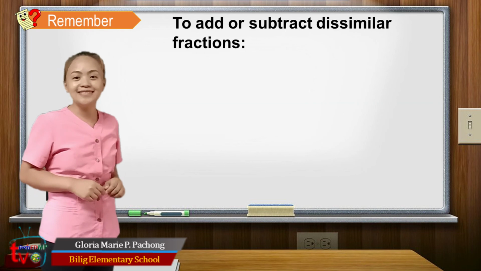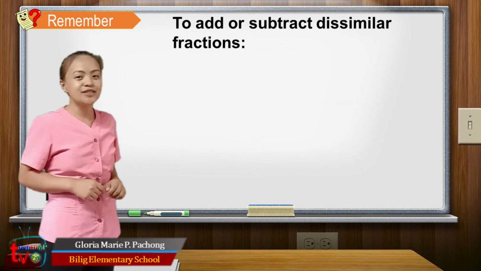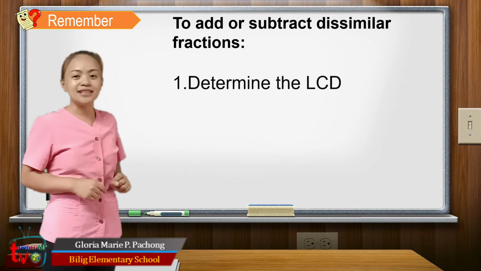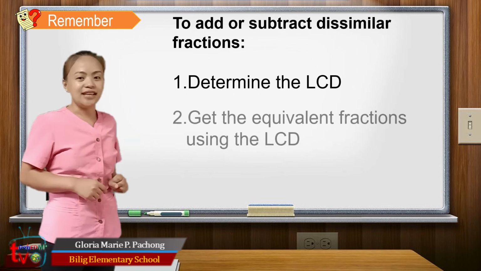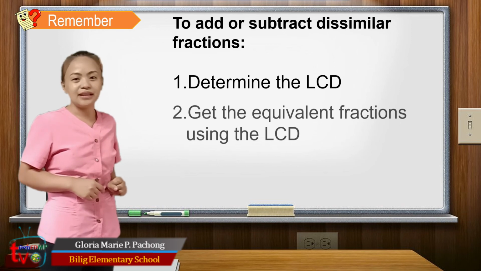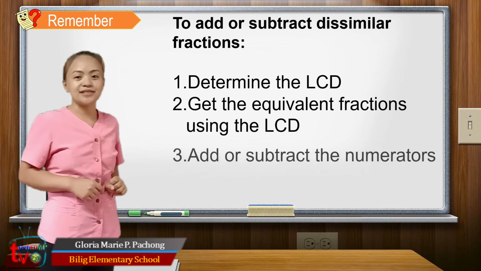On the other hand, to add or subtract the dissimilar fractions, always remember to first, determine the least common denominator. Second, get the equivalent fractions using the LCD. Third, add or subtract the numerators.